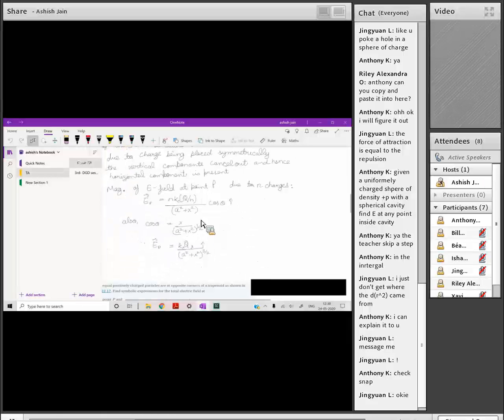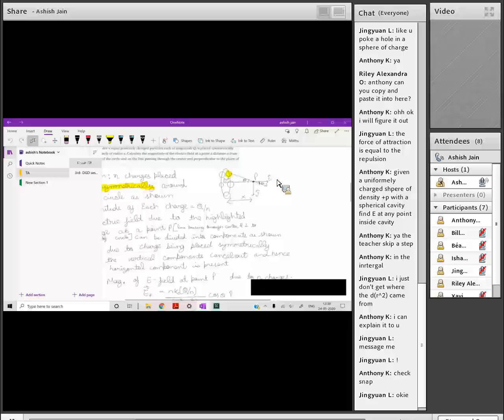But this is the cos theta component. Because of the symmetry, you have only the cos theta component in the direction of the i cap. All the vertical components cancel out because of the symmetry. Then only the horizontal component remains, in the direction of i cap.